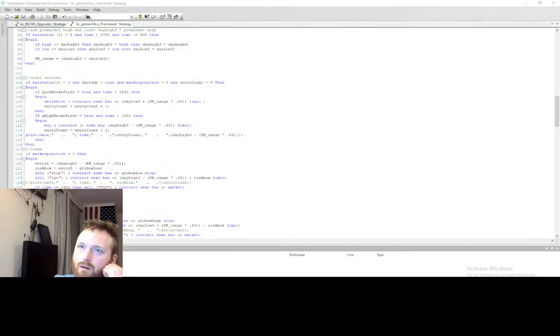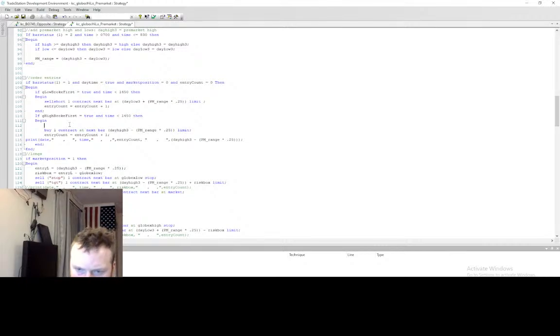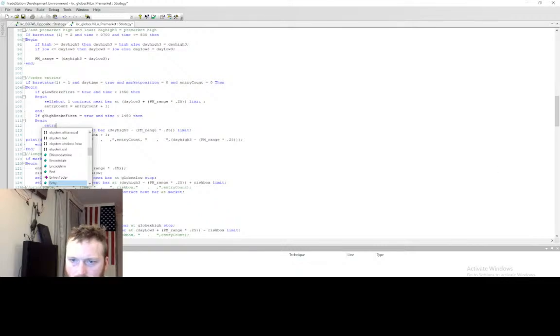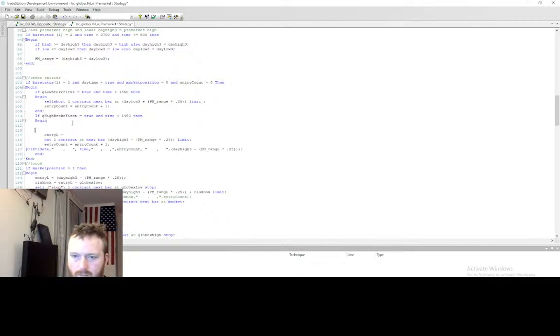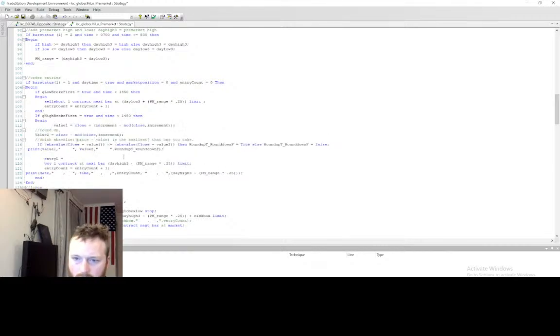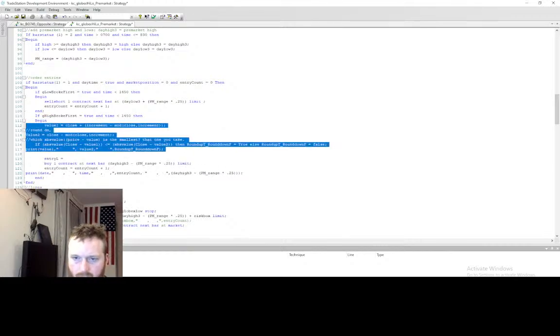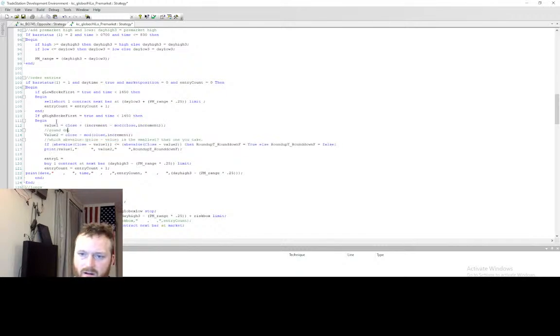Okay. So essentially, we need to round this. So entry long is equal to that. Oh my goodness, there's a lot there. So what we need to do is value. So what do we need?